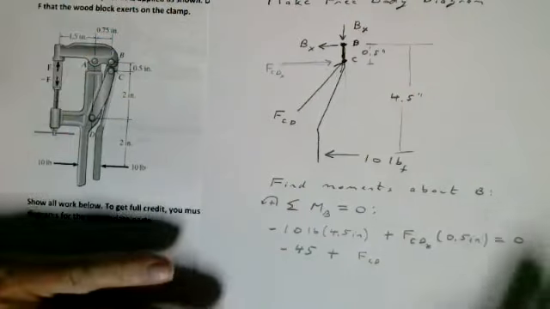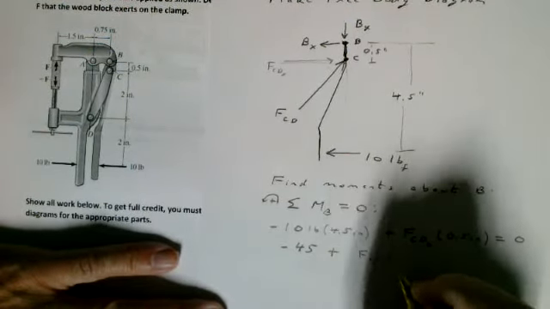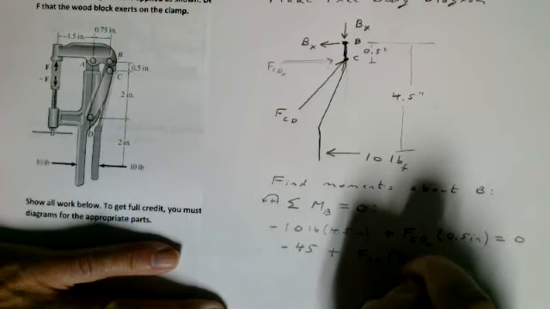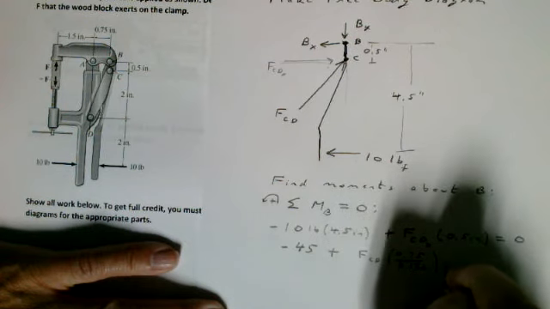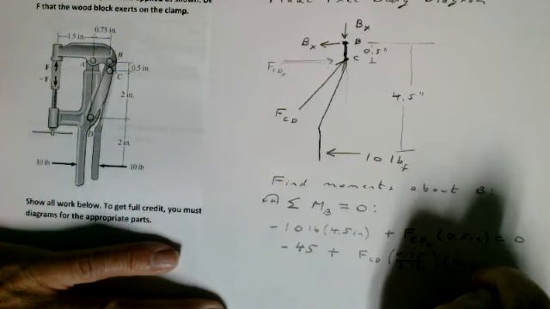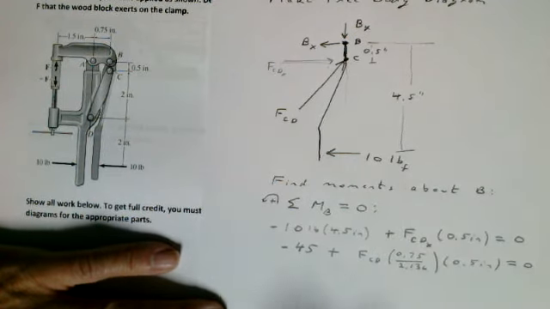So we'll take the FCD times our 0.75 divided by 2.136, 0.5 inches equals 0, like this.